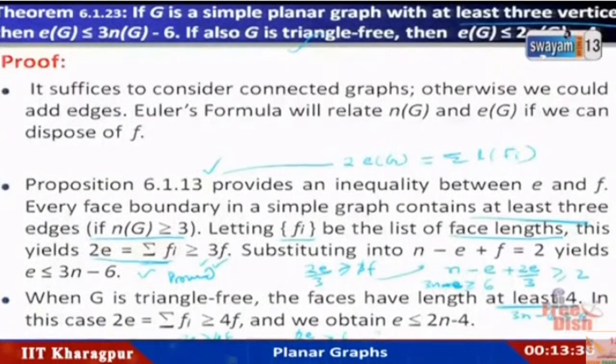If we plug in this value, n minus E plus E by 2 is greater than or equal to 2. So 2n minus 2E plus E is greater than or equal to 4. This becomes minus E, so 2n minus 4. So E is less than or equal to 2n minus 4, that we have proved this theorem.